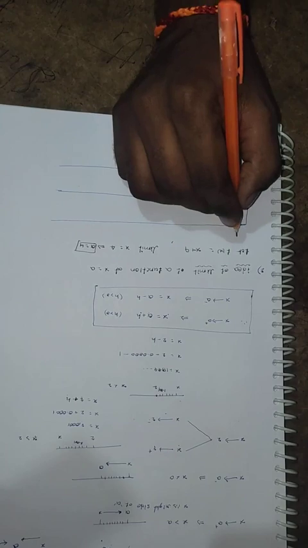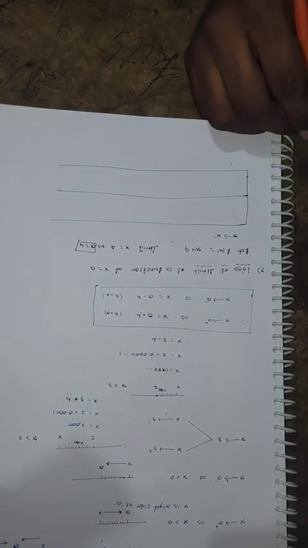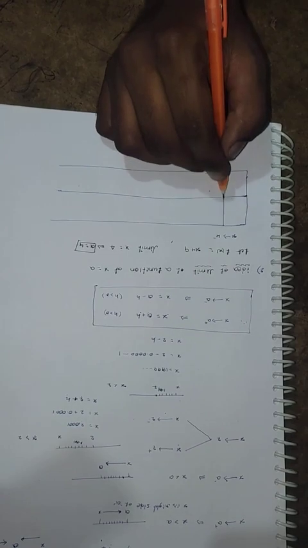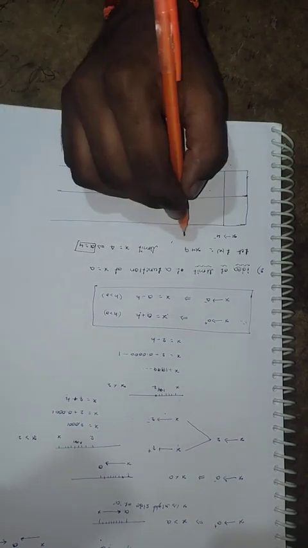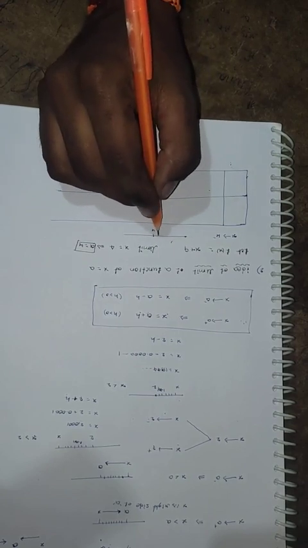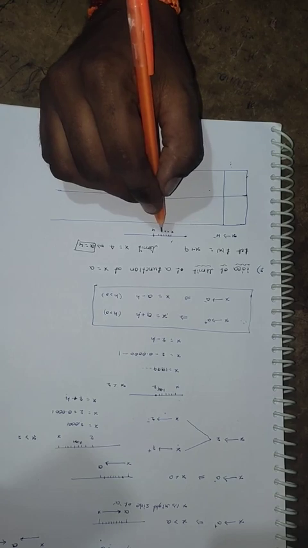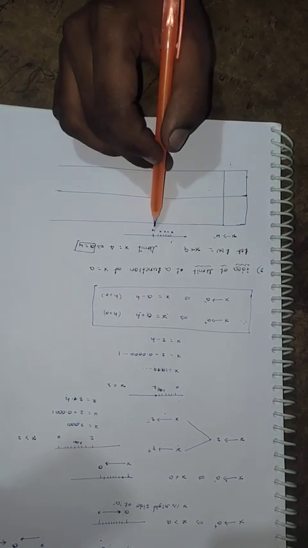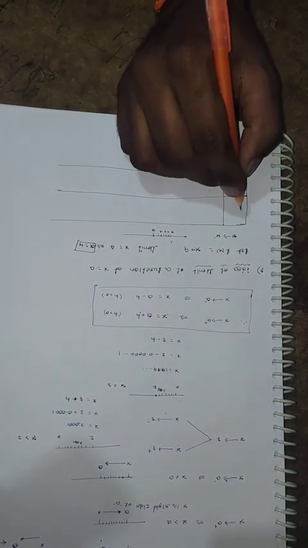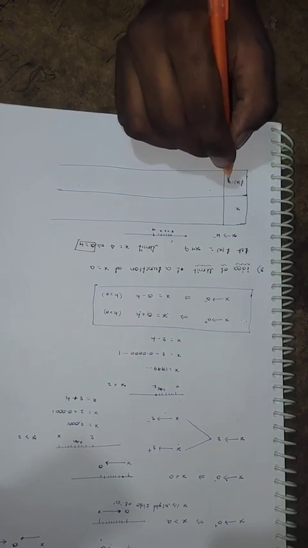Using these approaches, I can get some idea about the limit of that function. For example, now x tends to 4 minus. 4 minus means the x value lies below 4. f of x means x plus 9.